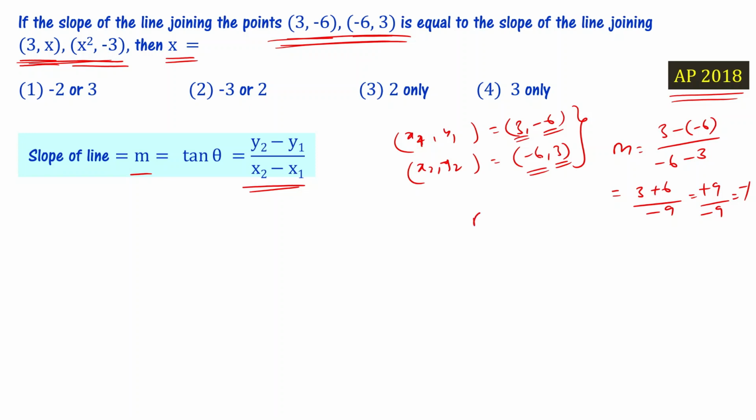So slope of the line m equal to minus 1 is the answer. And then this is the slope for these 2 points also, right? That is what they are saying, right?